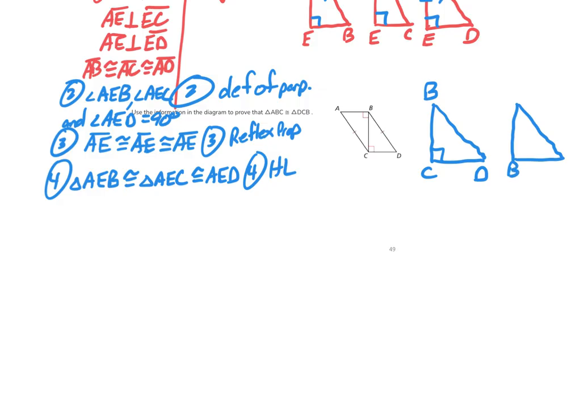B is the 90-degree angle. And then we want C, and then we want A. Okay, we know that AC and BD are congruent because they're already marked.